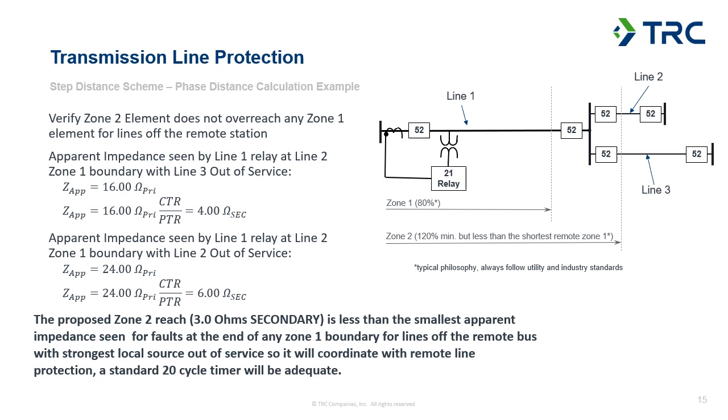So in this case, the apparent impedance seen for those remote faults was 4 ohms and 6 ohms, which are well above our proposed setting of 3 ohms secondary. So our settings are adequate, and we can use a standard 18 to 20 cycle timer for that zone 2, and we don't have to worry about that coordinating with the remote zone 2 elements on those other lines.